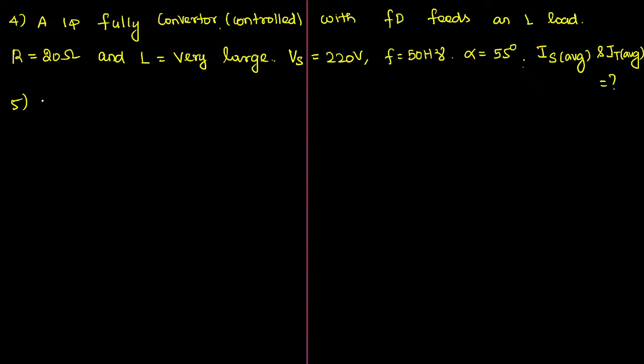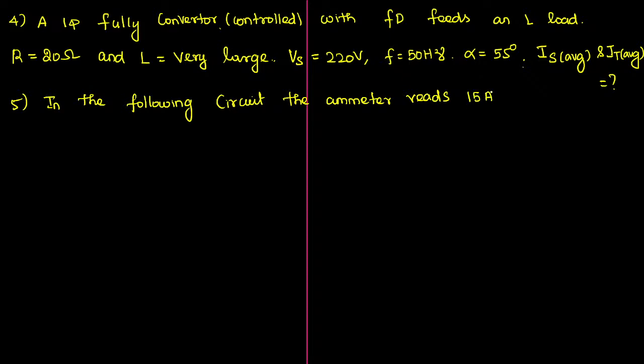In the following circuit, the ammeter reads 15 ampere current when it is moving iron type.